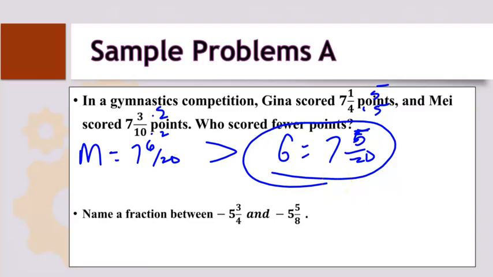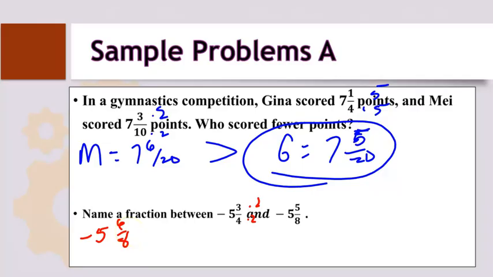Next, we want to name a fraction between these two. So between -5 3/4 and -5 5/8. So first we want to have common denominators. Common denominator of 4 and 8 is 8. So if I multiply this by 2/2, I now have -5 6/8, and this one is still -5 5/8.